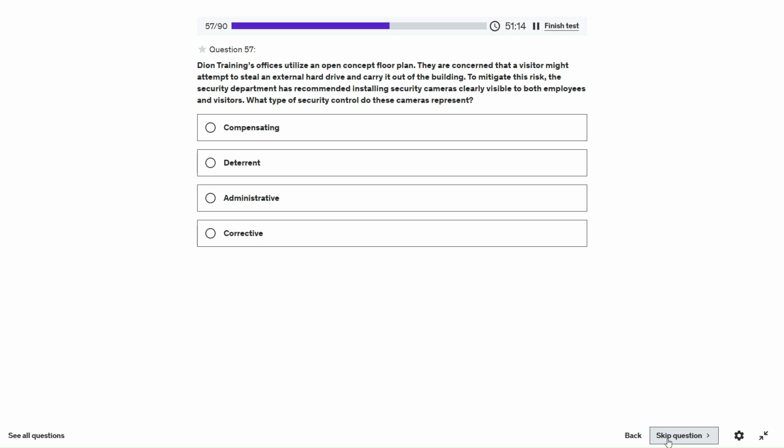DION training offices utilize an open concept floor plan. They are concerned that a visitor might attempt to steal an external hard drive and carry it out of the building. To mitigate this risk, the security department has recommended installing security cameras clearly visible to both employees and visitors. What type of security control do these cameras represent?